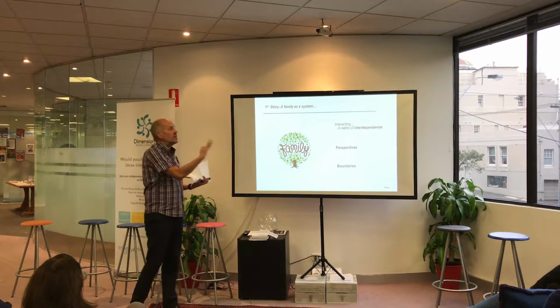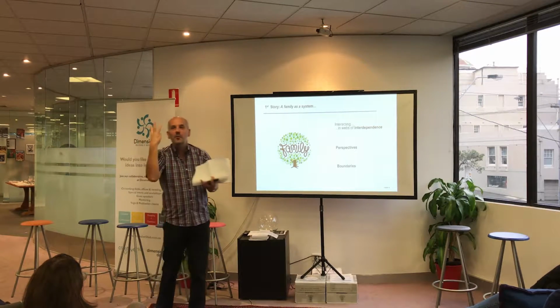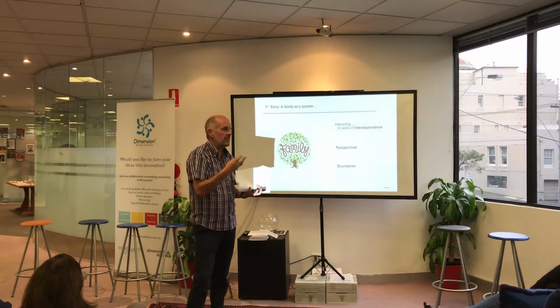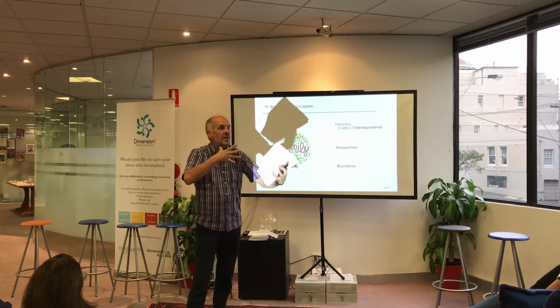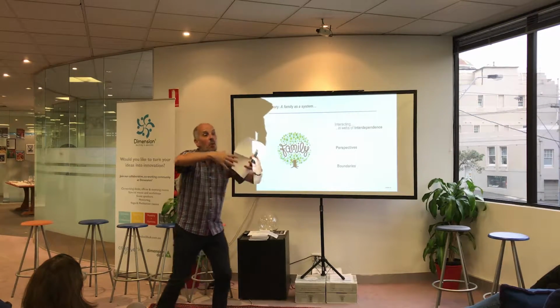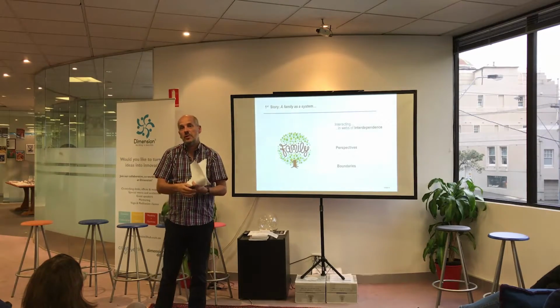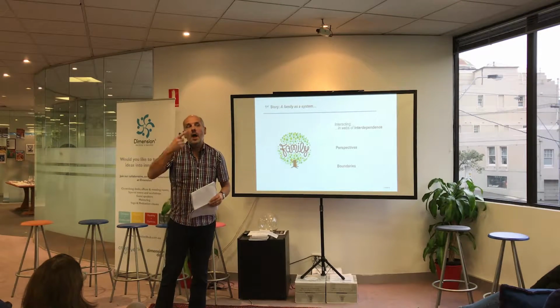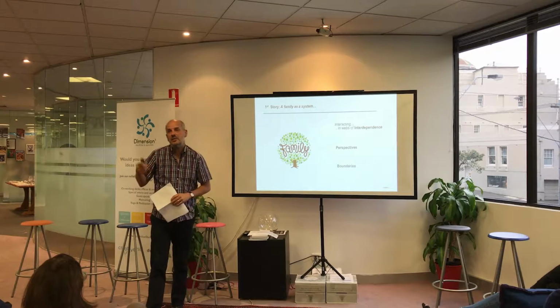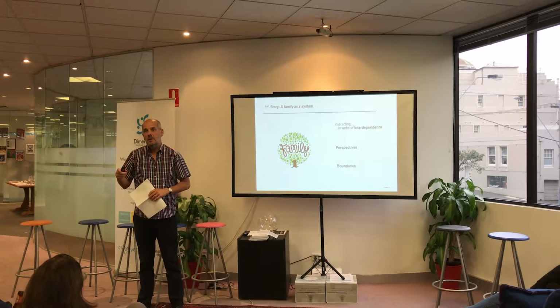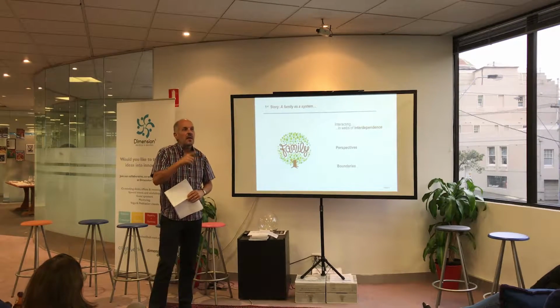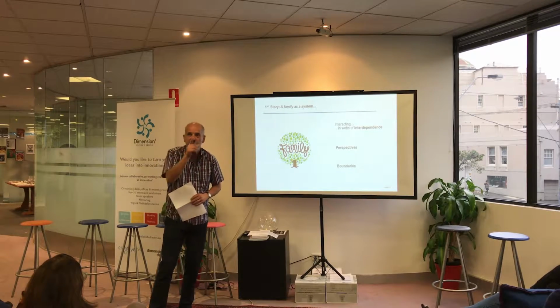And these are the 3 things when we take a systems approach that we're looking at: the interactions, the different perspectives, and what we include and what we exclude. And what we're looking for is patterns of behaviour. We're looking for patterns so that we can see how things change and evolve over time.